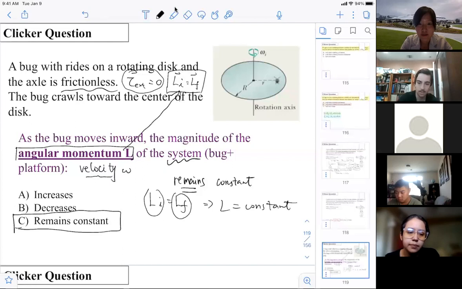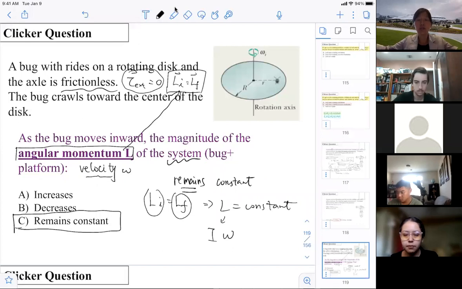I think it would because of the figure skater example, since our moment of inertia is decreasing because our masses are all coming closer together. Since L remains constant, the angular velocity has to increase. Very good. This is just like the figure skater example, or bringing your dumbbell closer to your body.